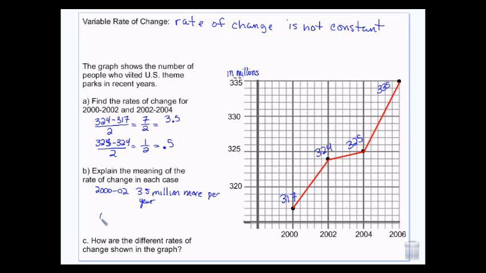Between 2002 and 2004, we only have 500,000. So the increase in the number of people that go to the park every year went down.